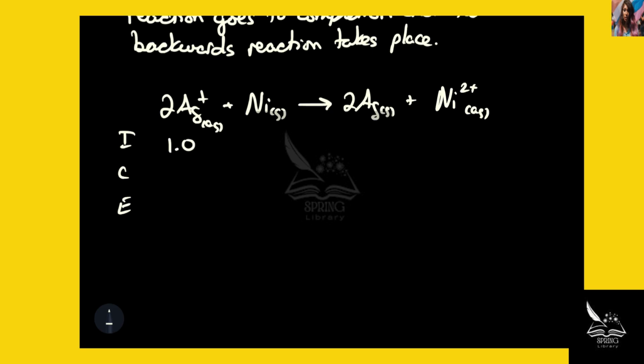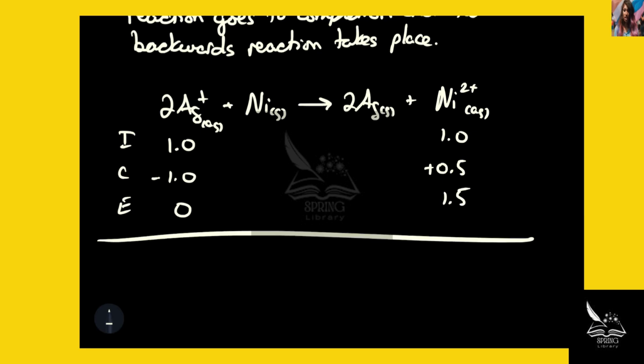This will change equilibrium, starting with 1.0 and 1.0 of each. The reaction goes to completion. This will be 0. So this will be minus 1.0, plus 0.5, and this will be 1.5.